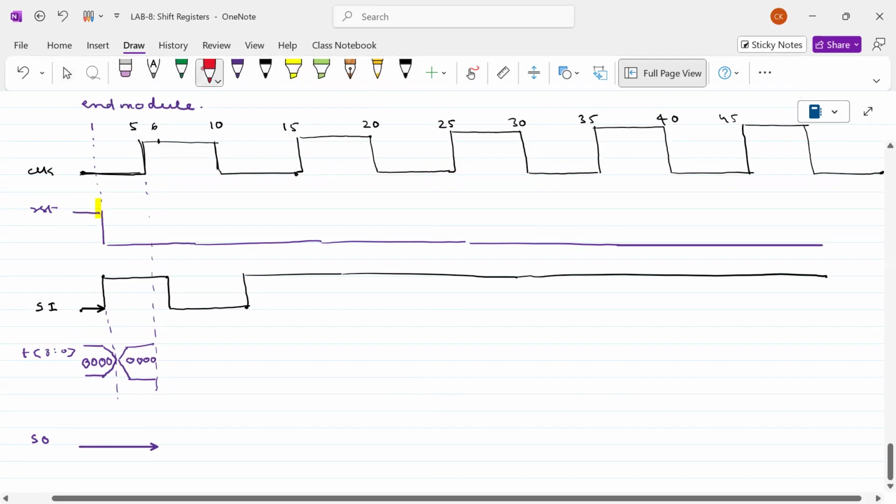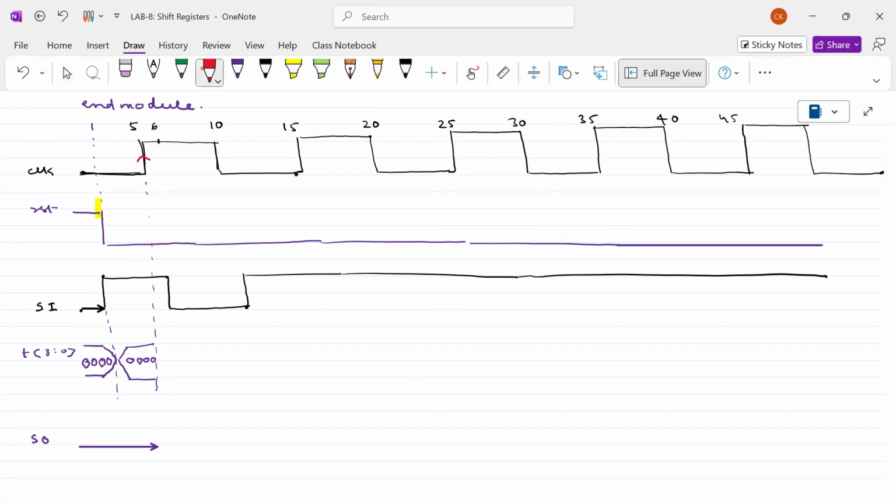The clock edge is positive here, and there is no reset. Now what is the input here? The input is 1.